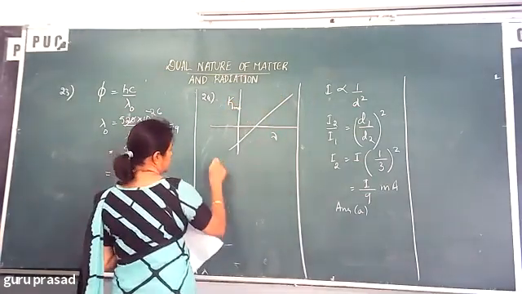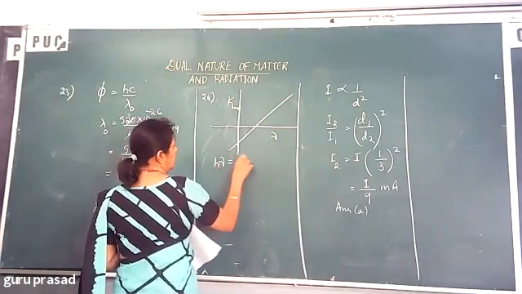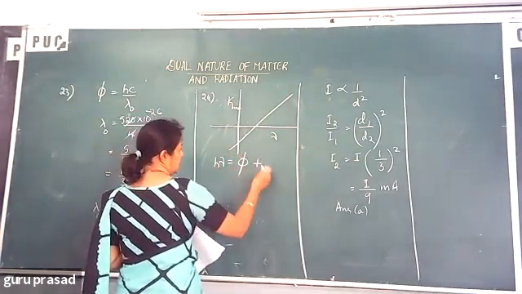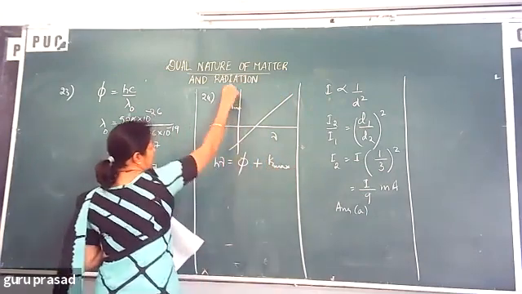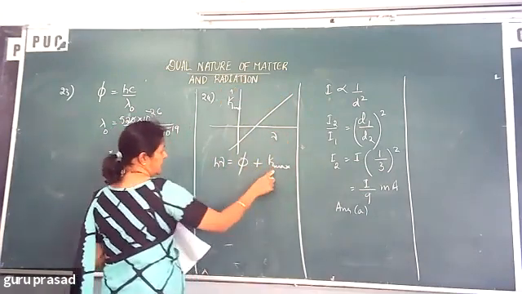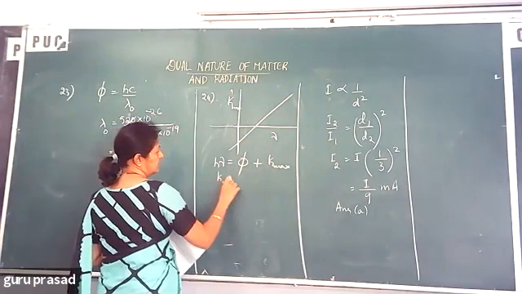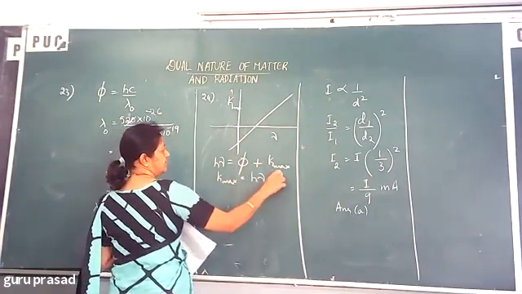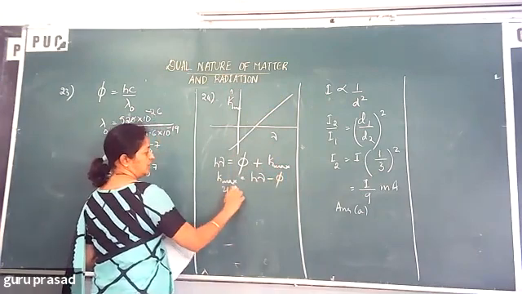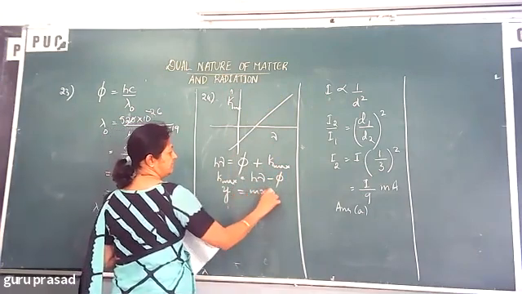Actually, we have the equation h nu is equal to work function plus maximum kinetic energy. Now, maximum kinetic energy is along the y-axis, right? So K max is equal to h nu minus phi. This is of the form y is equal to mx plus c.